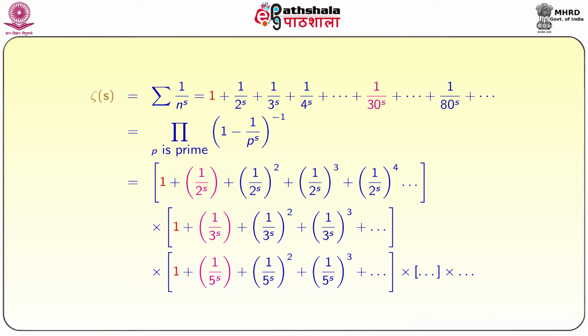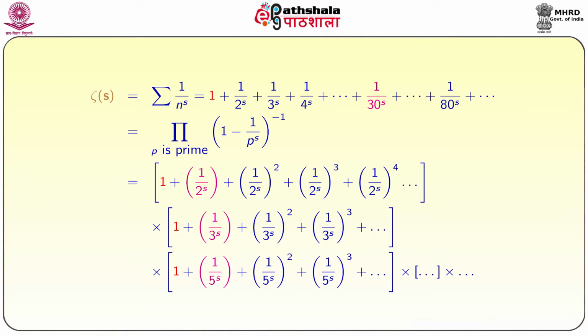So, how to show these two are equal? We are not showing it fully, but we are just observing a few things. If I take 1 in the summation 1 by n power s, 1 can be obtained by multiplying 1 into 1 into 1 and so on, taking the first term from each sum.